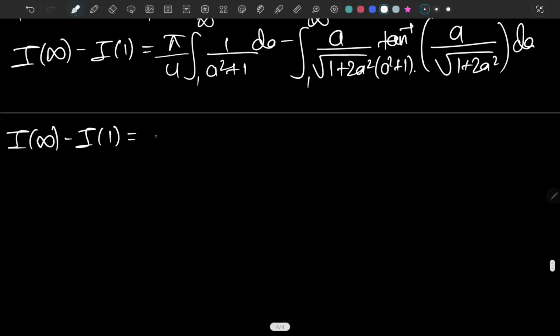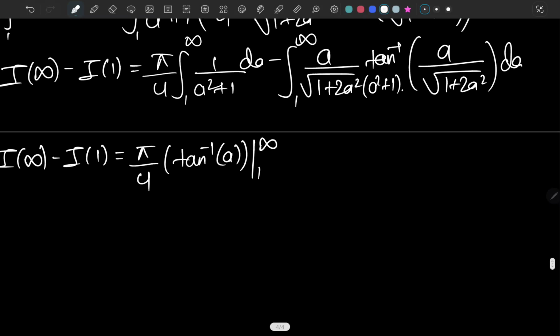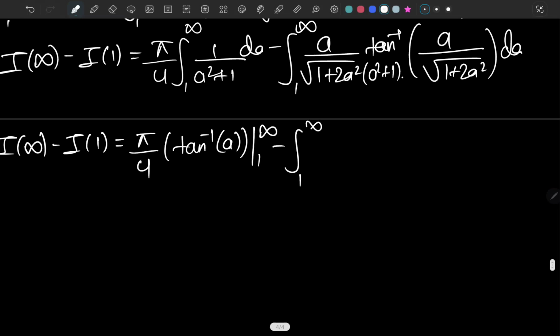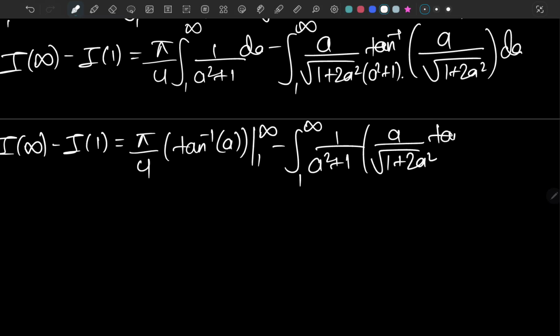So pi over 4 times arctangent of a, integrated from 1 to infinity, minus the integral from 1 to infinity of 1 over 1 plus a squared, times a over the square root of 1 plus 2a squared, times arctangent of a over the square root of 1 plus 2a squared, dA.